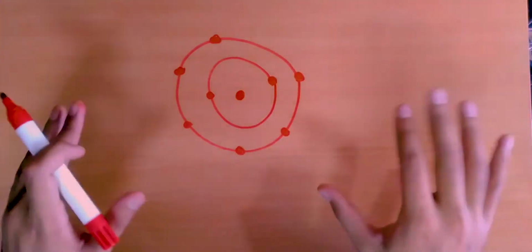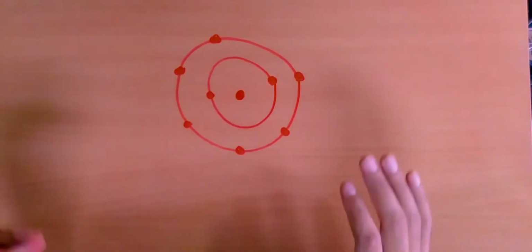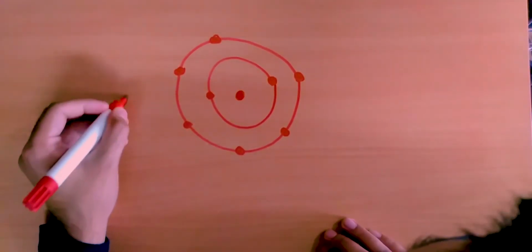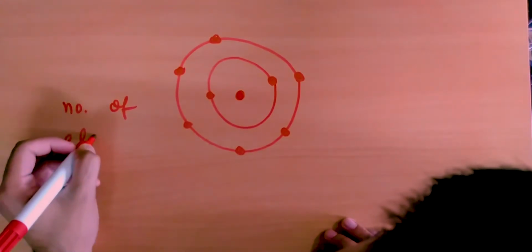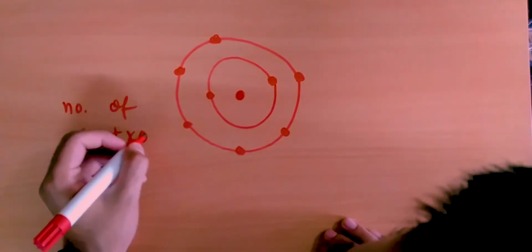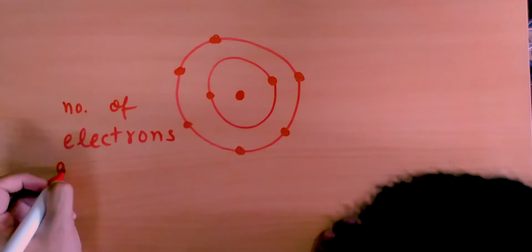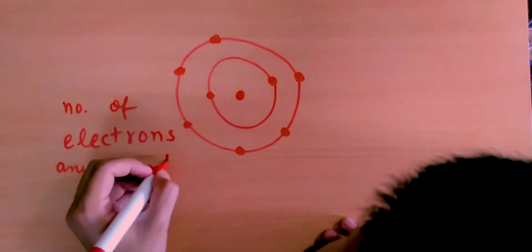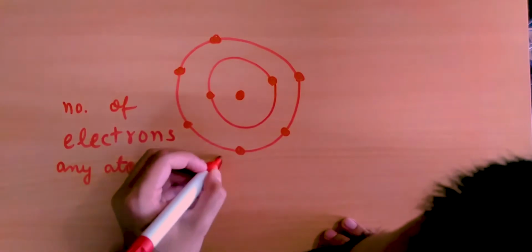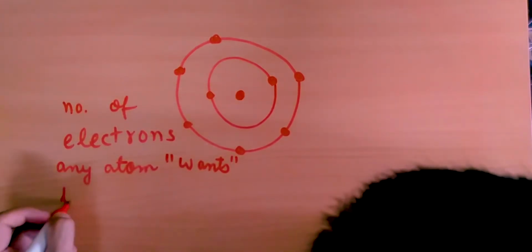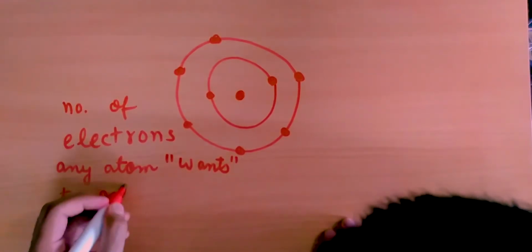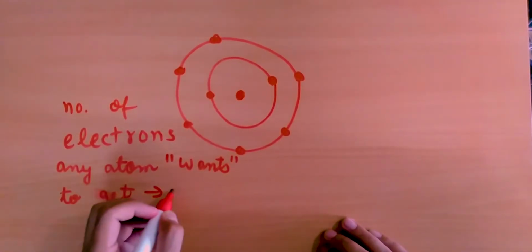Let's not get into that, but the basic idea here is that the number of electrons any atom "wants to" achieve or get, let's keep the word simpler, is just its valency.